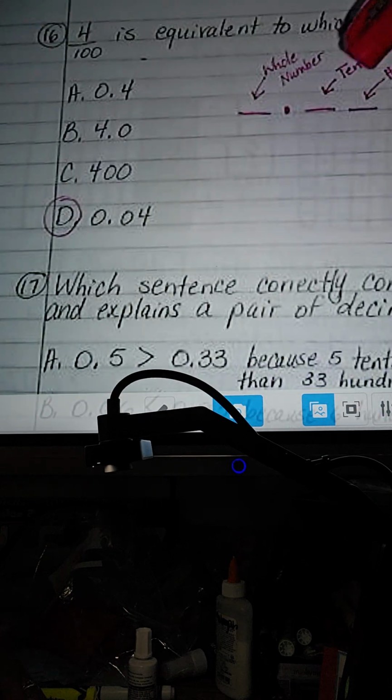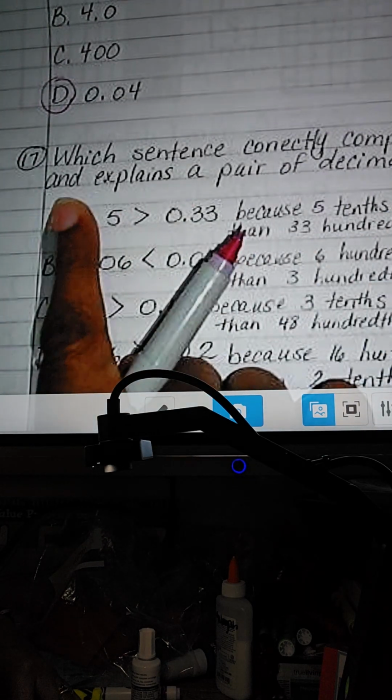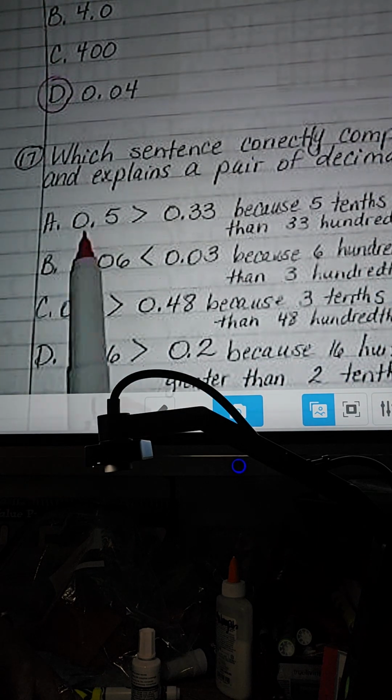All right, number 17. Which sentence correctly compares and explains a pair of decimals? So A says 5/10 is greater than 33 hundredths because 5/10 is greater than 33 hundredths. Is that correct? No. Okay.